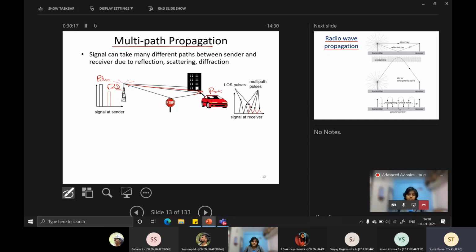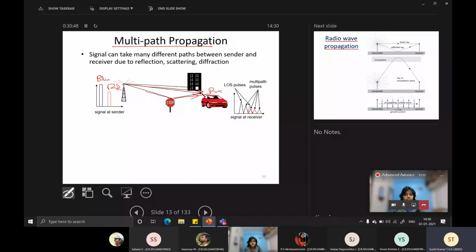But it might so happen that the same signal gets reflected from some other structure. So in time, if you see, you will get this blue pulse coming after the red pulse. So these multipath signals also create a hell of a lot of problems. Again, I'll repeat it. Let's assume that it's not a blue color or red color, just for explanation's sake. There is a blue pulse and a red pulse.